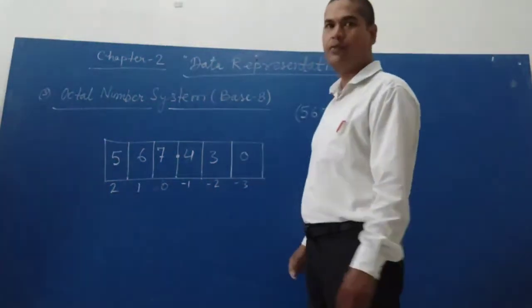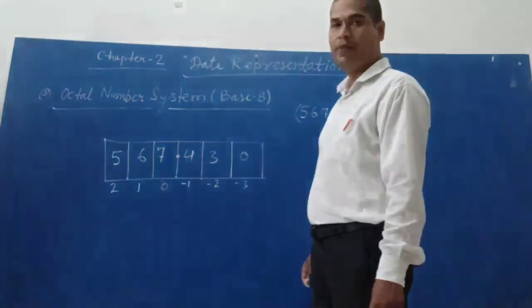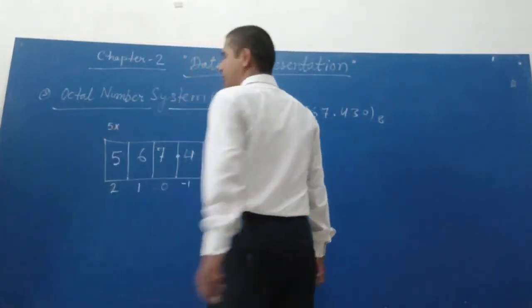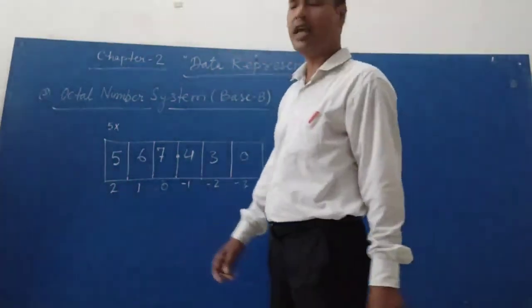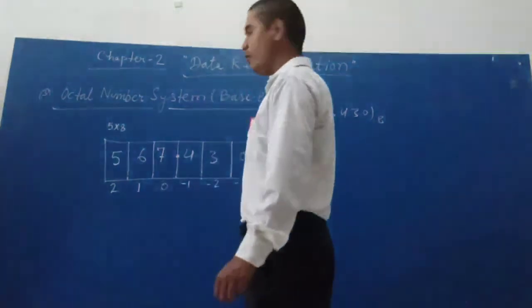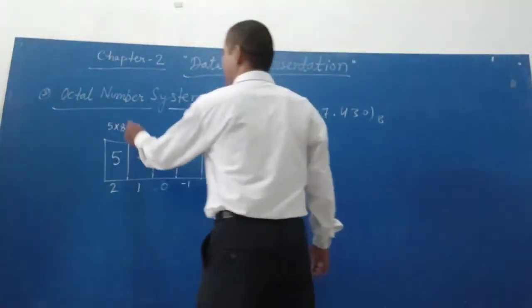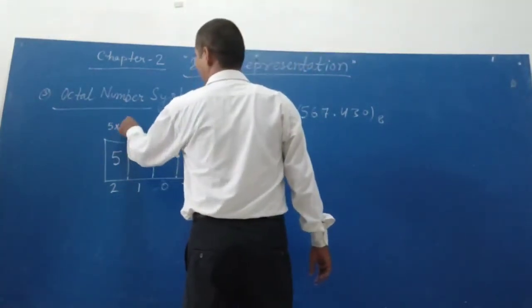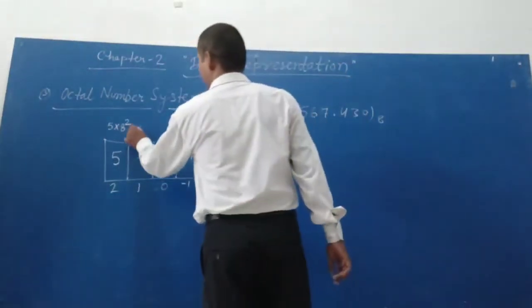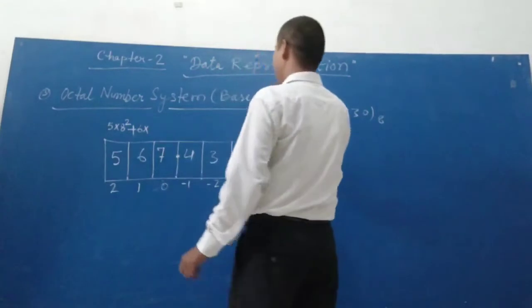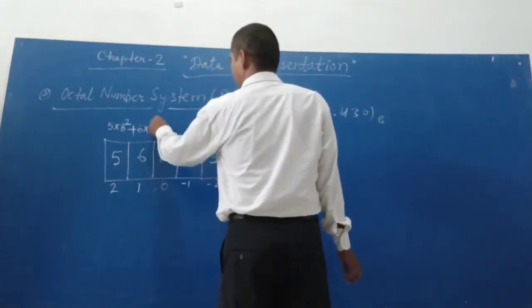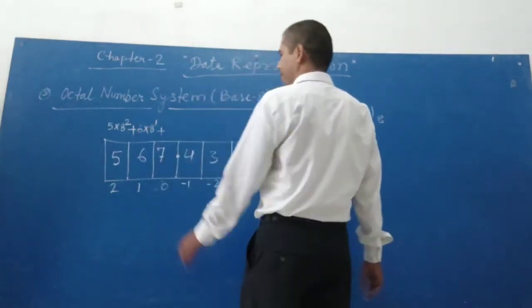Now we represent this with the octal number system. We write 5 into 8, because in the octal number system the base is 8, and the positional value is 2, so the power is 2. Plus the next digit, 6 into 8 to the power 1.